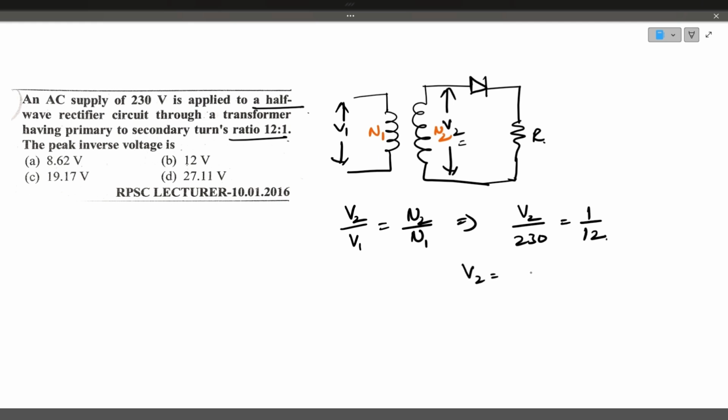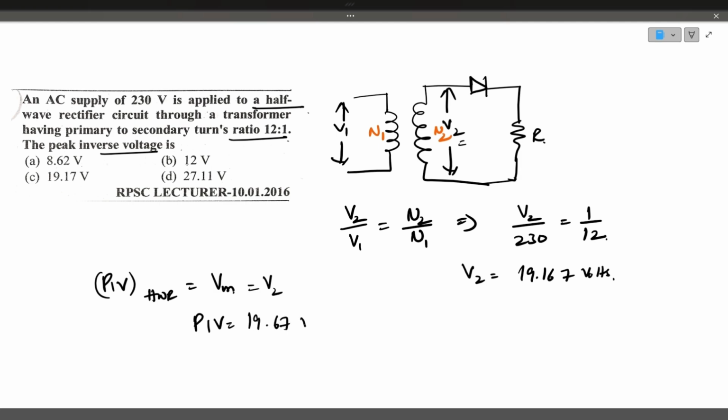So V2 is equal to 19.167 volts. What he is asking here is the peak inverse voltage. The peak inverse voltage for the half wave rectifier is equal to Vm, the voltage appearing across the secondary, that is V2 again. So PIV is the same, 19.167 volts. That is option C.